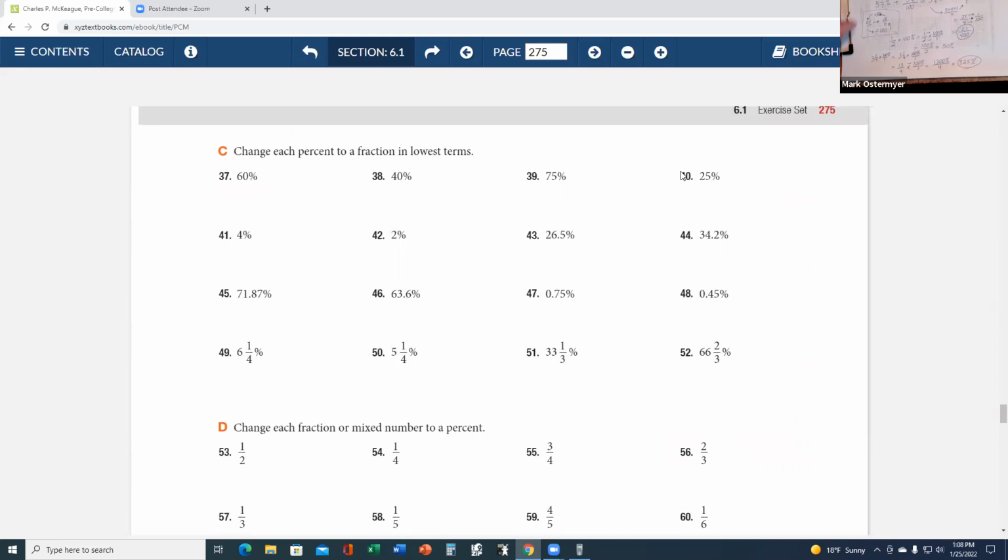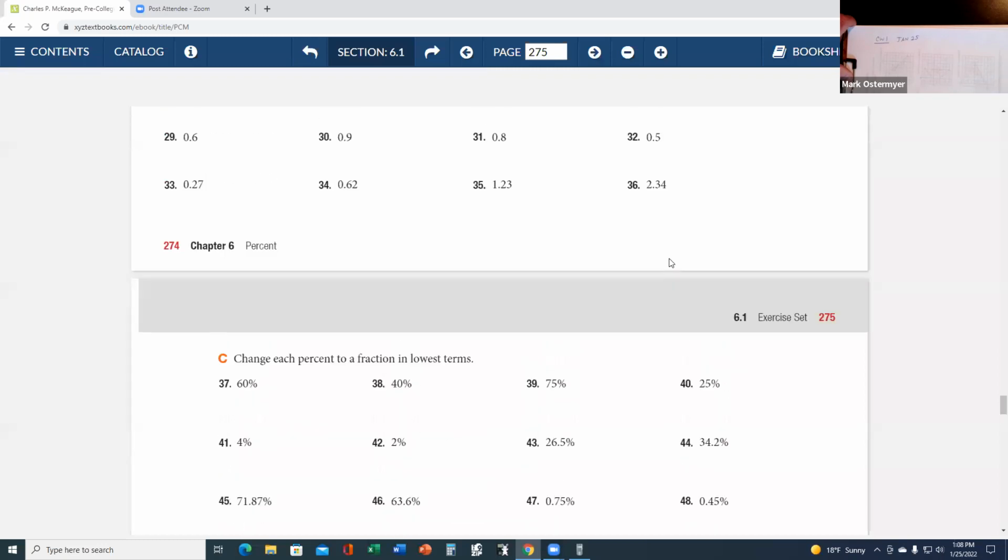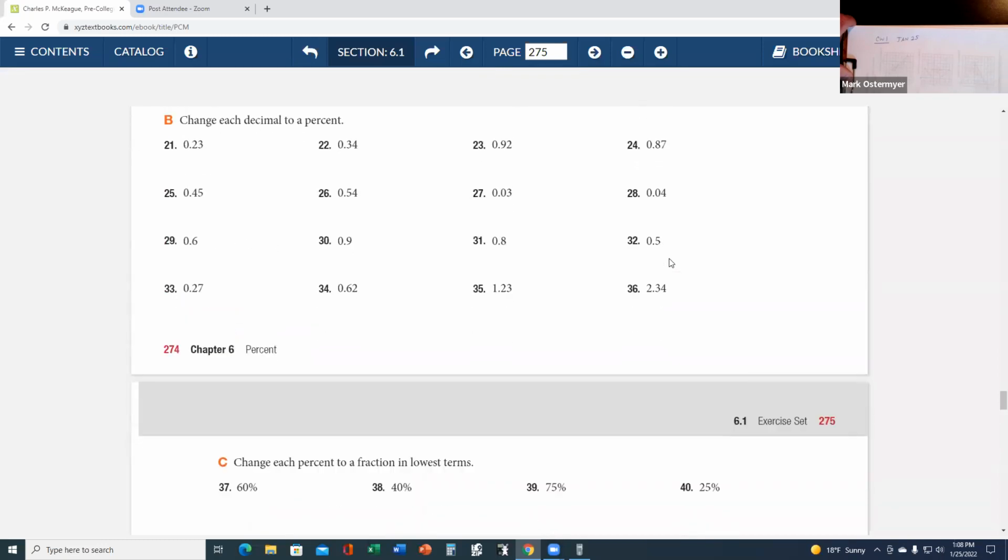All right. So for classwork 1, I'm going to give you a couple problems to do out of this section here. Today is January 25th. So we're getting through the month of January here. Okay.